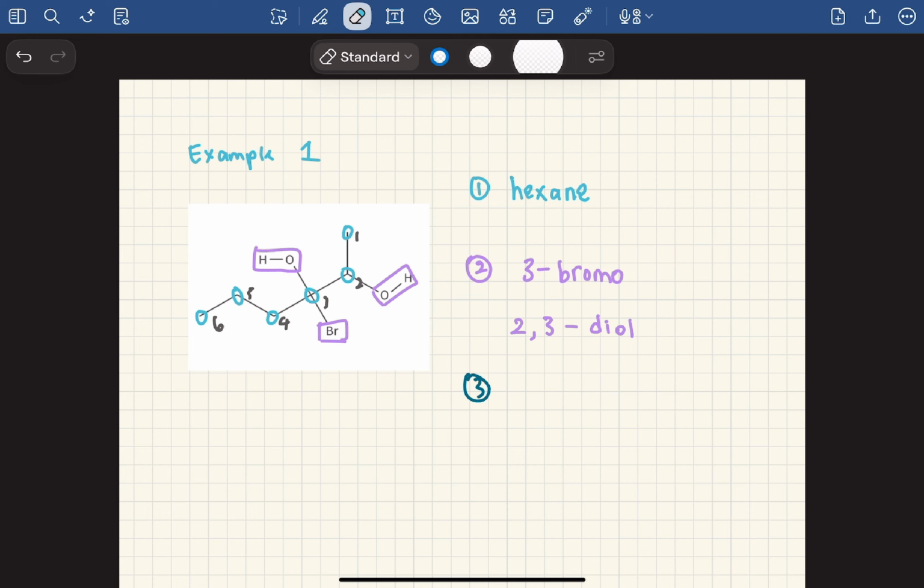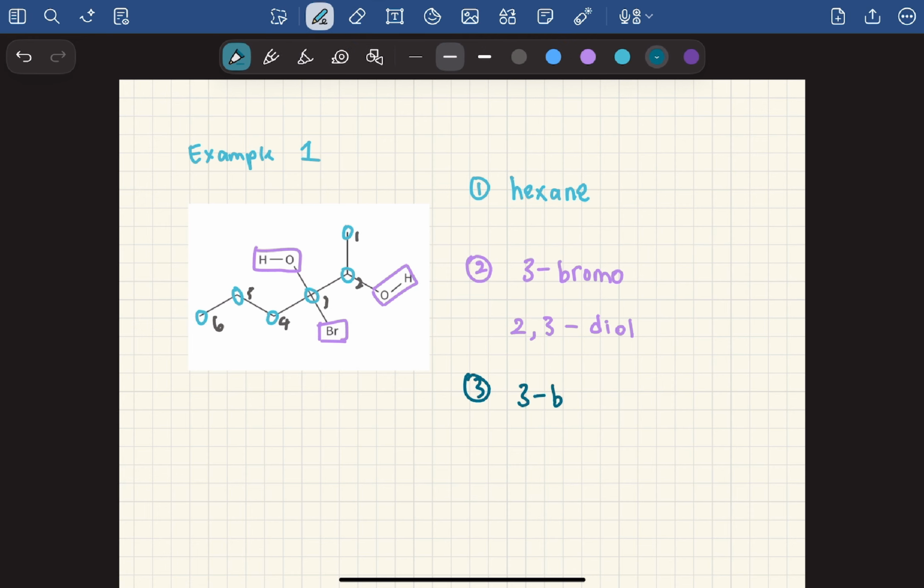So in this case, 3-bromo would go first because it's a halogeno group, which makes it a bit different, and then followed by the hexane, which is the hydrocarbon chain, and then you end with the suffix of 2,3-diol. So that would be the name of this compound.